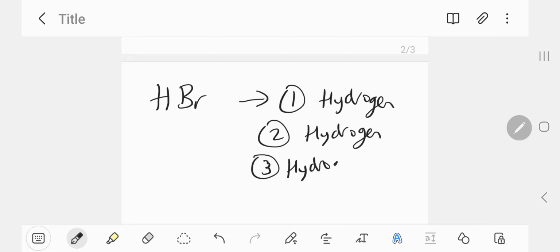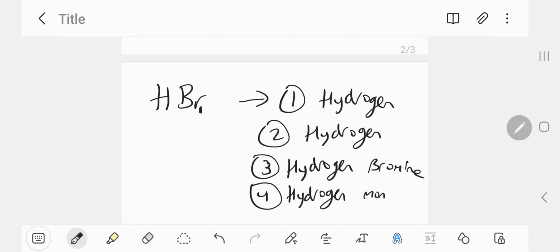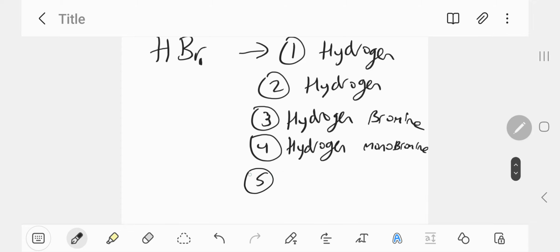So hydrogen, bromine. Step 4, the prefix that goes with bromine. Even if there's no number, no subscript here, it's still 1. You still have to write it by convention. So it becomes hydrogen monobromine. And step 5, the final step, replace the bromine with bromide. So you get hydrogen monobromide.